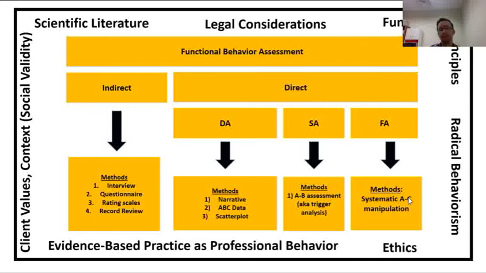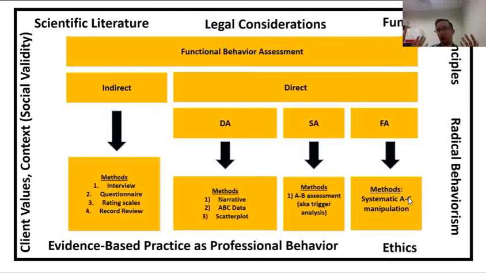And in each, regardless of the type of functional analysis, you're comparing levels of the challenging behavior between test and control conditions. The control condition doesn't have the variables you think control the behavior, and the test conditions each have the variables that you think may control the behavior. You determine what the function of the behavior is from those data by comparing levels of behavior in the test and control condition.